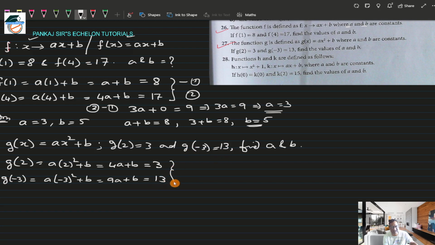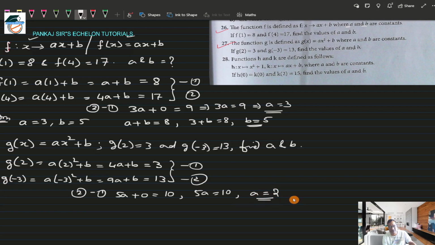So again I am getting two simultaneous equations, 1 and 2, and if I solve 2 minus 1, I'll get 9a minus 4a, which is 5a, and b minus b will be 0, and 13 minus 3 will be 10. So that gives me 5a equal to 10, which means a is equal to 10 upon 5, that is 2. So I get a equal to 2.